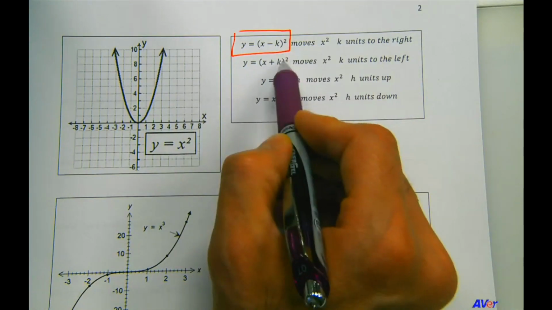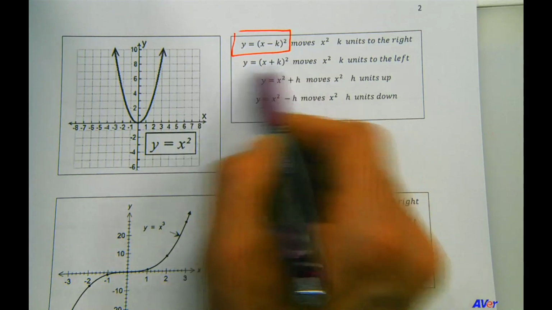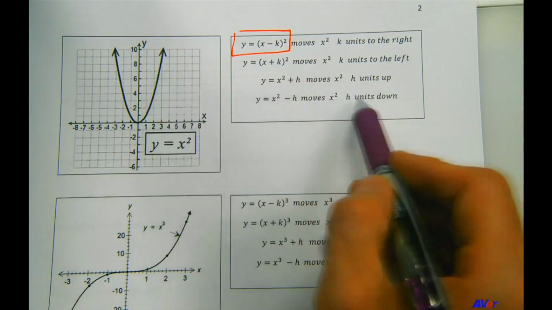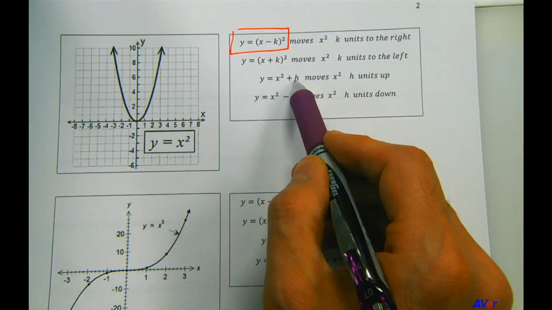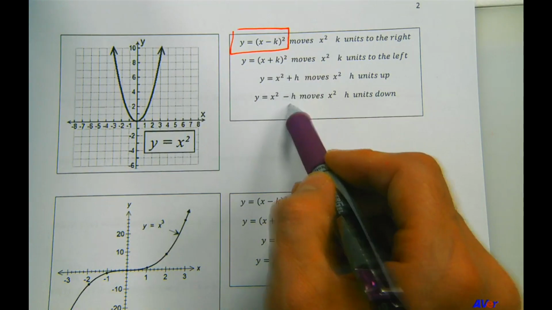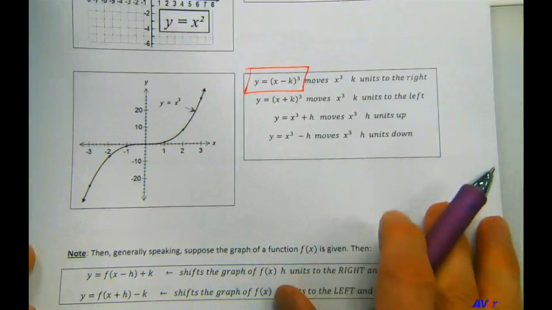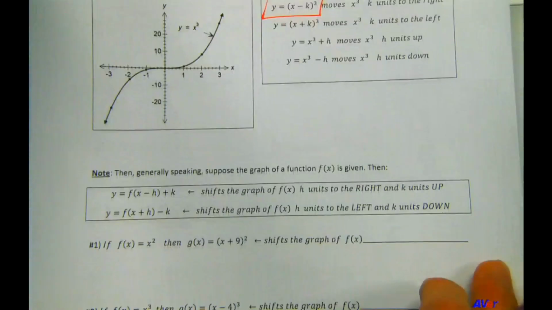If this k is negative, then minus a negative number is positive, so the horizontal shift is to the left. Okay, and then h on the outside indicates transformation up if h is positive, down if h is negative. The same thing for the quadratic function, no different. Okay, so all of this we've talked about before.